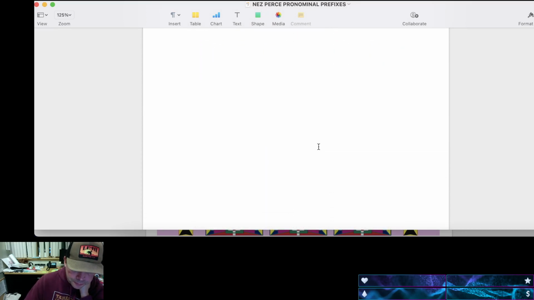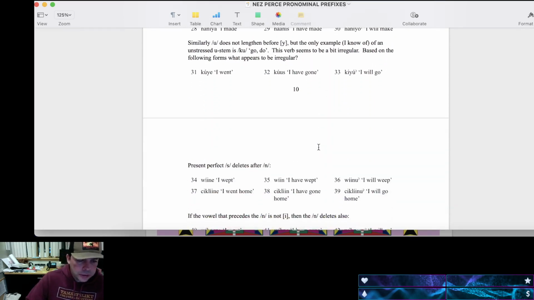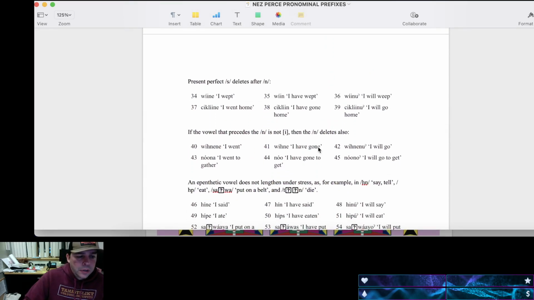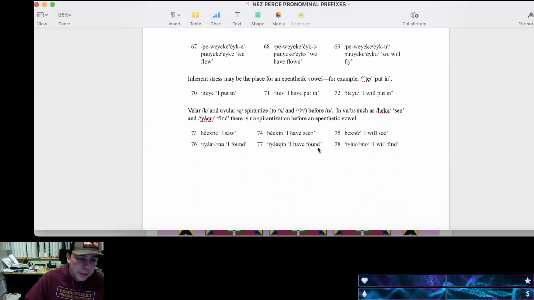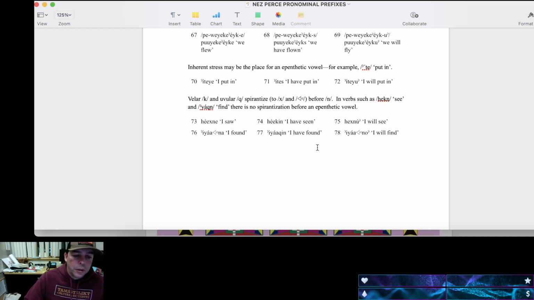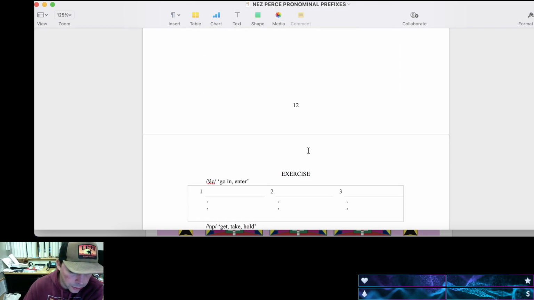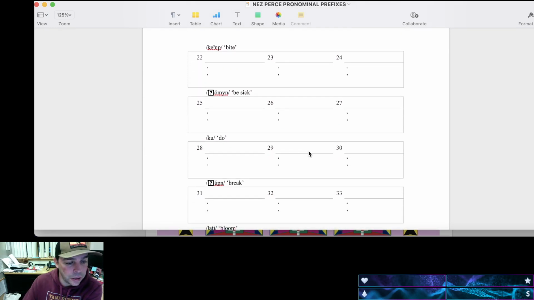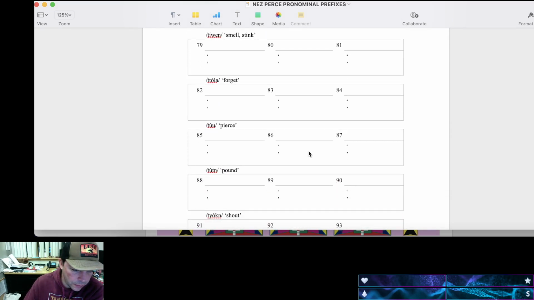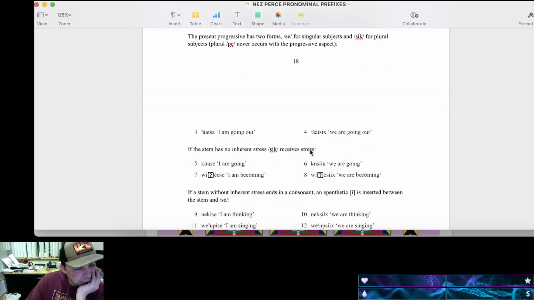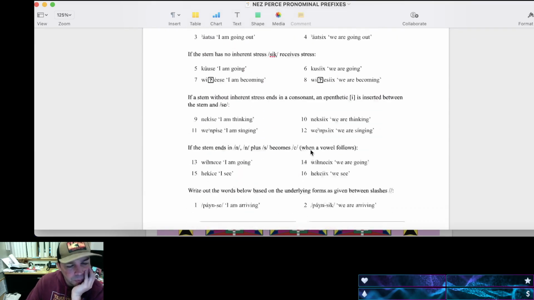And so the general rule is that if the root word ends with an N, then when you put the present progressive on there, it's going to change to the ts sound. And if it doesn't, then it just stays an s. That's really the basics of it.